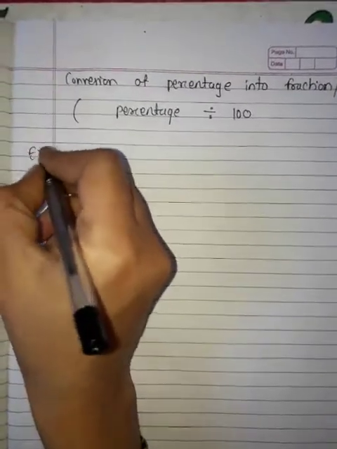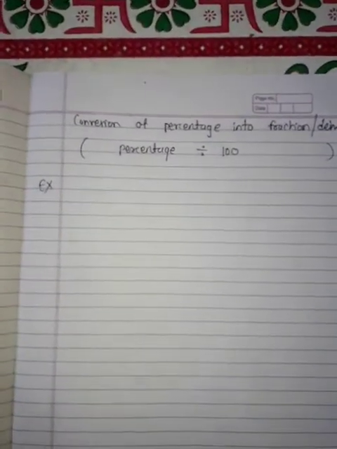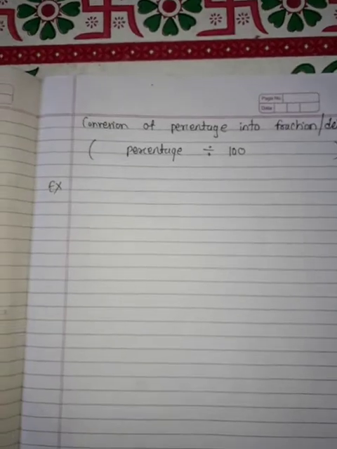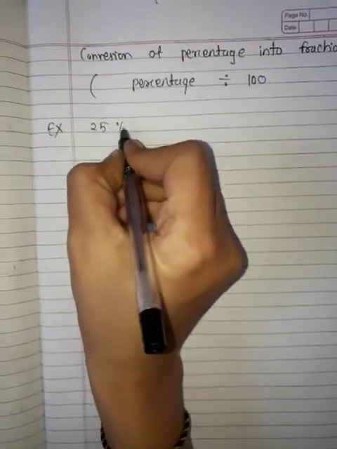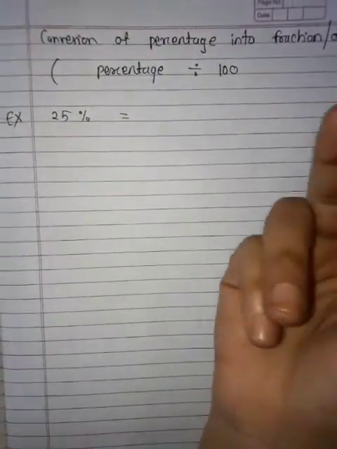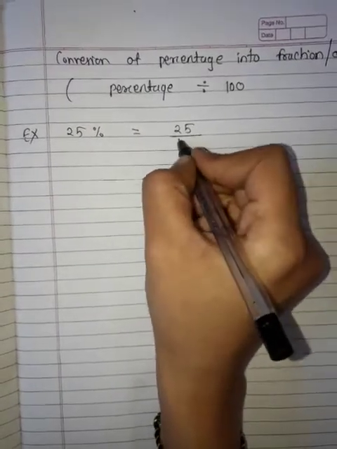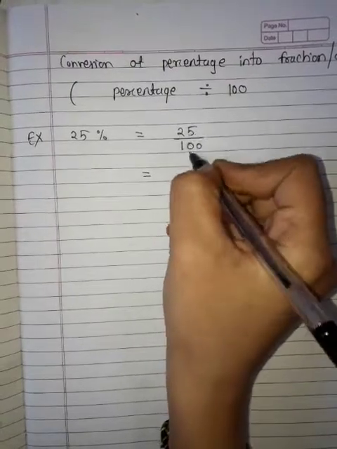Now see, suppose we are asked to convert the percentage, suppose we are given 25 percentage. To convert 25% into fraction, we divide the number in the percentage by 100, and that is nothing but 25 upon 100.